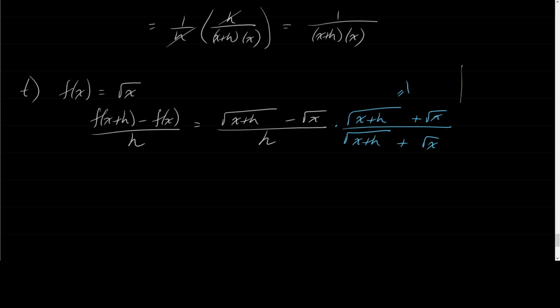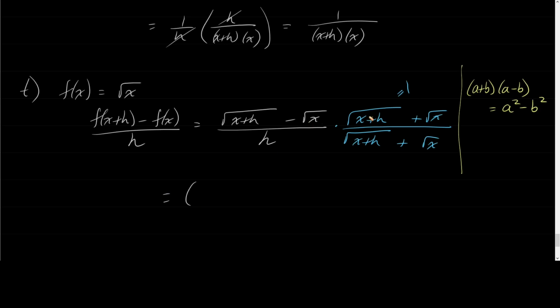And I'll remind you real quick that if I have the product of conjugates, that gives me the difference of squares, all right? Normally, you might remember it as the difference of squares factors out to be the product of conjugates, but it's the same exact idea. And what does that give me? It's going to give me a squared minus b squared, right?